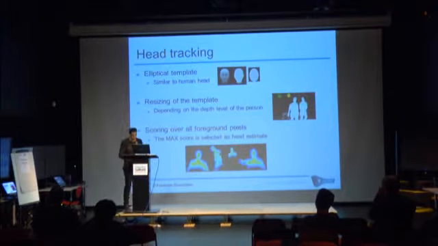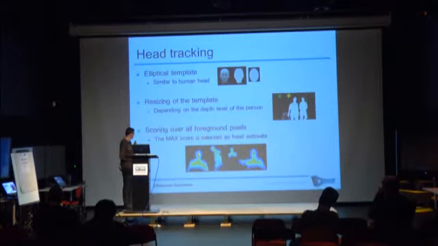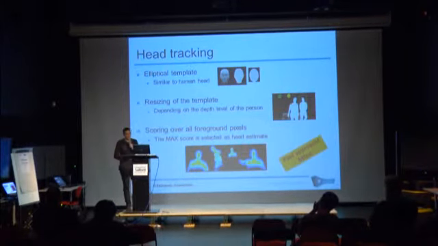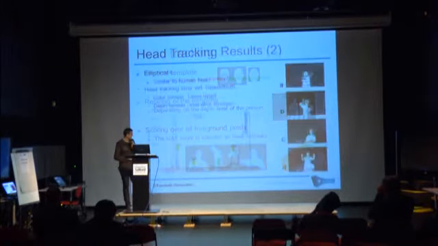At the end, you get a score for these pixels, and you select the maximum, and that is where your head is located. As you can see, this is a very simple approach, so it's very fast, and you can achieve real time easily.